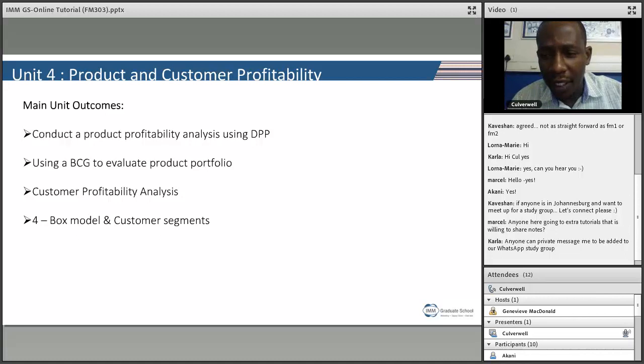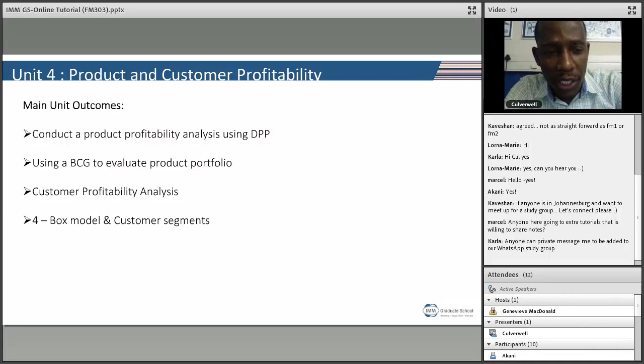So when you have conducted your direct product profitability analysis, for which I'm going to have an equation that we'll go through together, you then use the BCG metrics to evaluate the portfolio that a company has. By portfolio, I'm referring to the products, product A, B, C, or D, or product 1, 2, 3, and 4. It all depends on the equation.